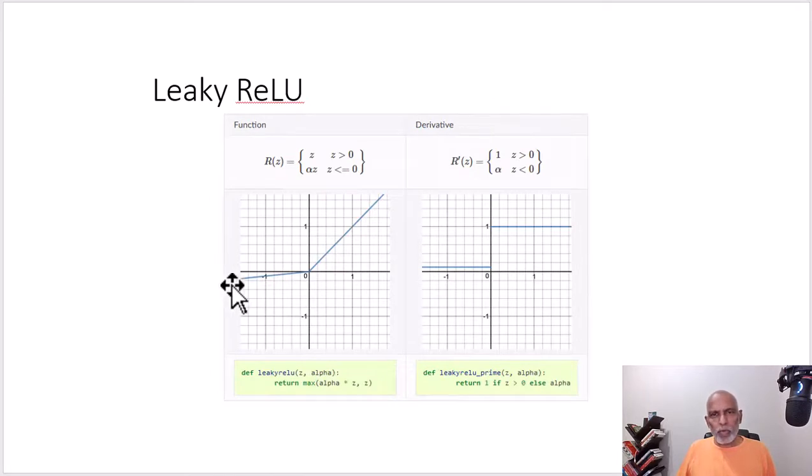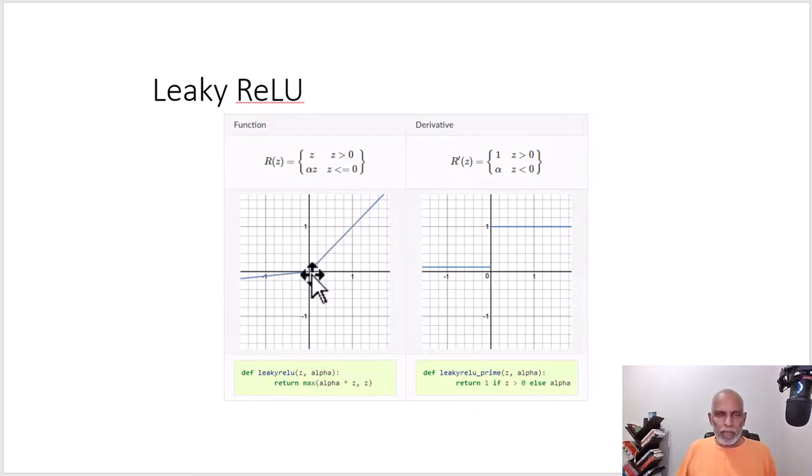Sometimes you don't want all negative values to be assigned completely to 0, but maybe a small quantity. That is what is called a leaky ReLU. It goes to minus infinity, but in a very, very slow way, not at the same speed as the sum product values.